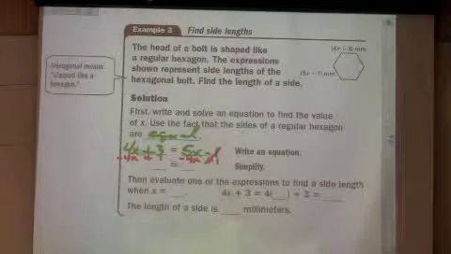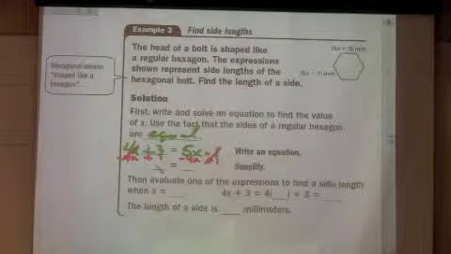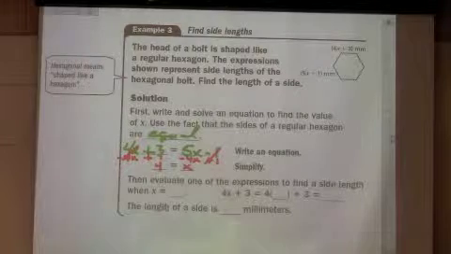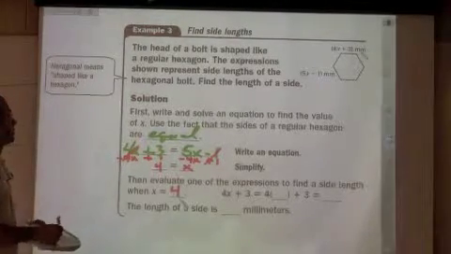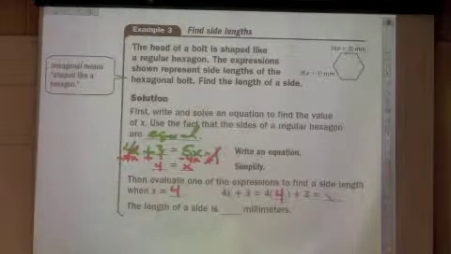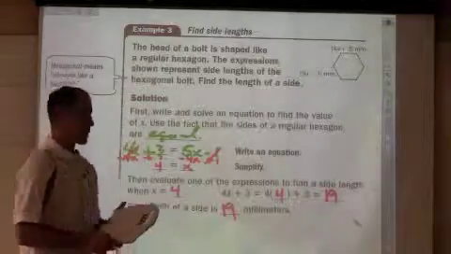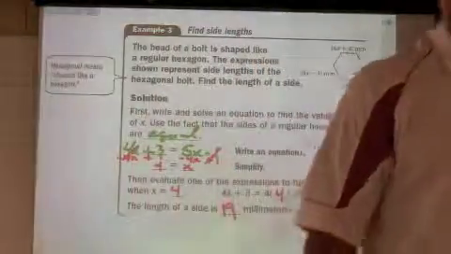So these cancel, and we're going to get 4 equals x. So now to find the side length, just plug in 4. 4 times 4 plus 3, we're looking at 19. Okay. All right, you guys have the tools you need.